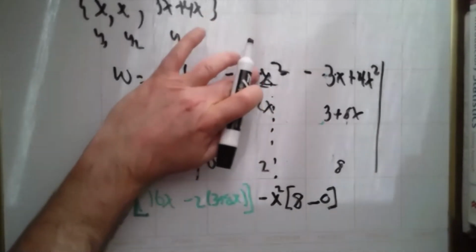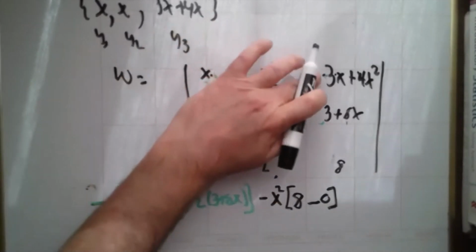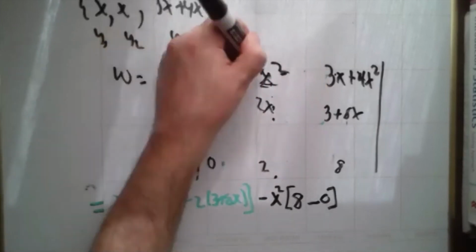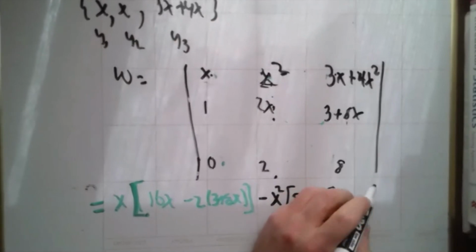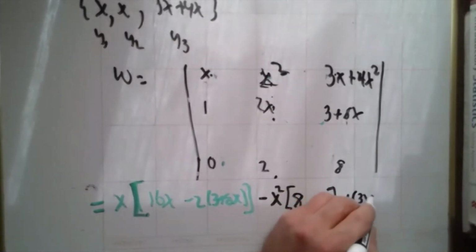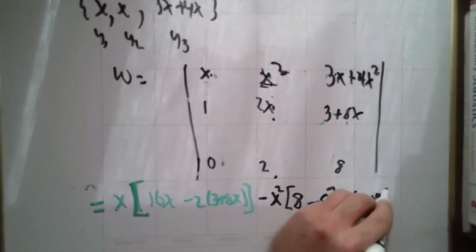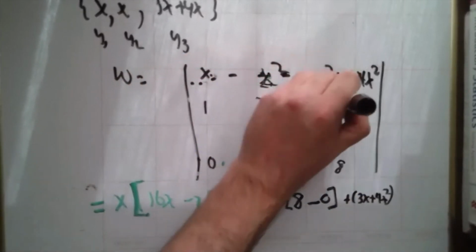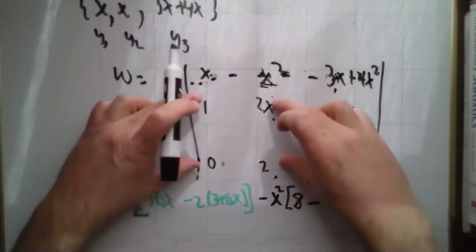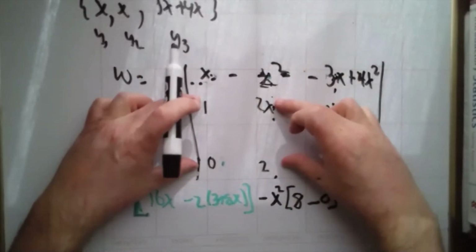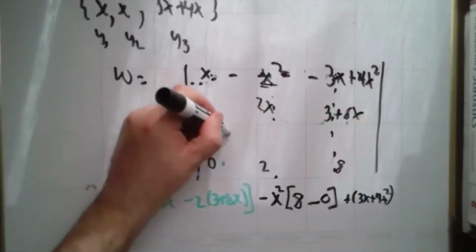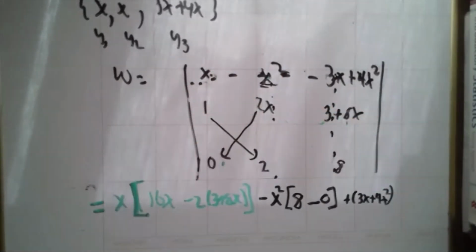Then we move on to the next one. Remember, it goes plus, minus, plus. So plus, minus, plus, that next element. So in our minds, we're crossing out this row and this column, and we're looking at these four. And we're going to go down, minus, down. 2 minus 0.